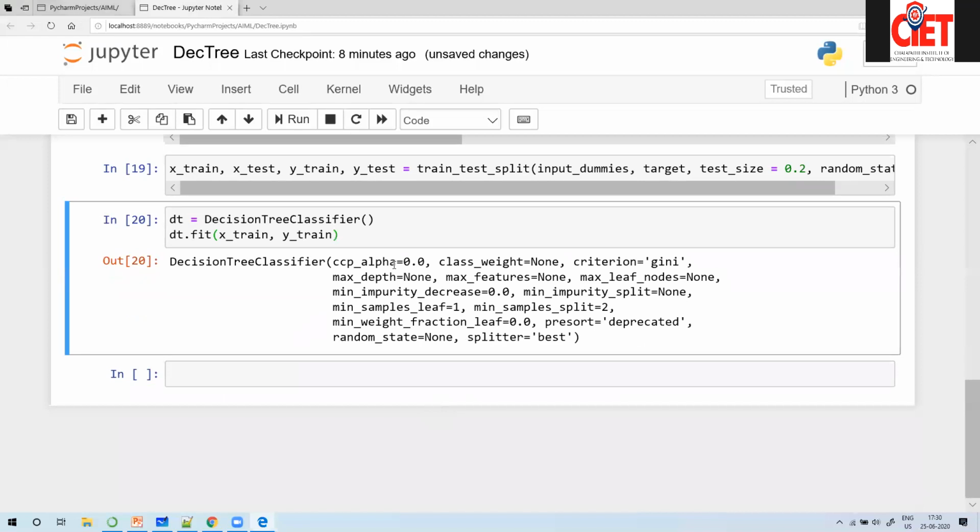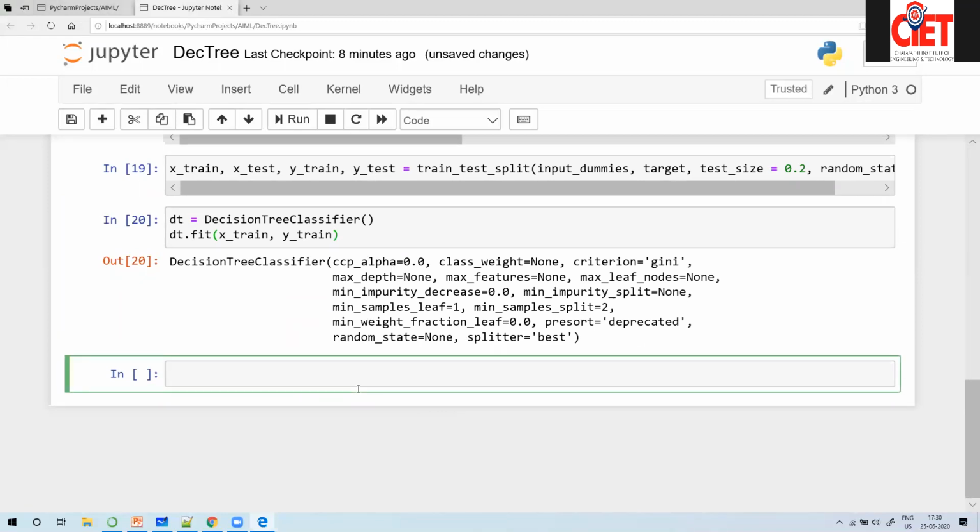So we trained the model. Model is ready. Now let's see how the model predicts. My predictions is equal to dt.predict, and we are going to predict on X_test.